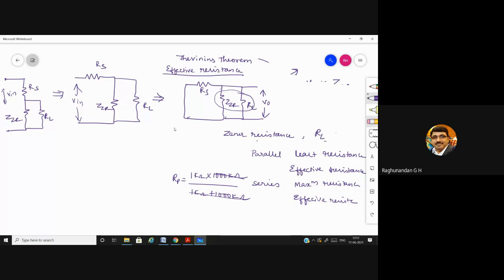So 0.99 kilo ohm. Is it almost equal to 1 kilo ohm? Yes. So from this, what you understood? For parallel, we have to take the least resistance. So in parallel combination, the least resistance will be the effective resistance.